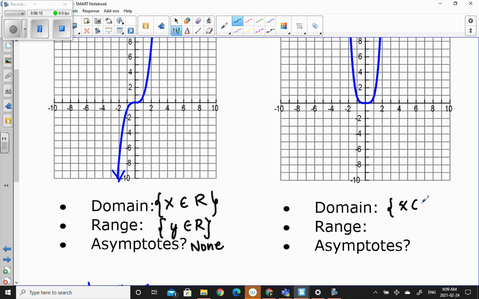So x is a real number. Same thing for the range, you can see that there are no negative values for this one here. So for this one, you would say there's a restriction. Y is a real number such that y is greater than or equal to 0, and there are no asymptotes.